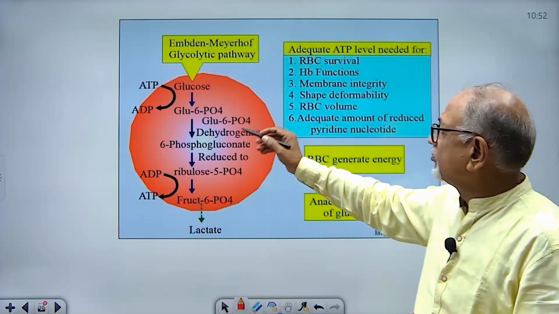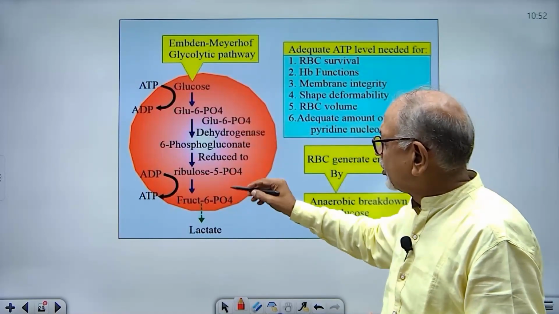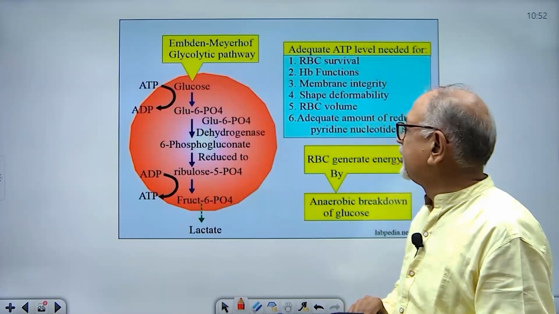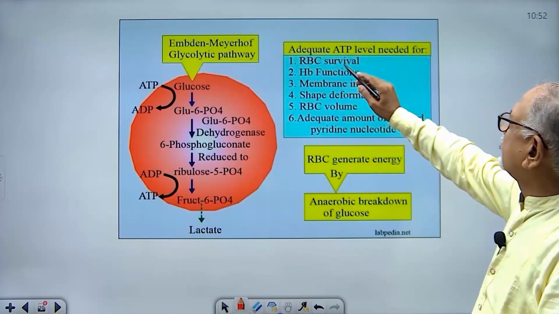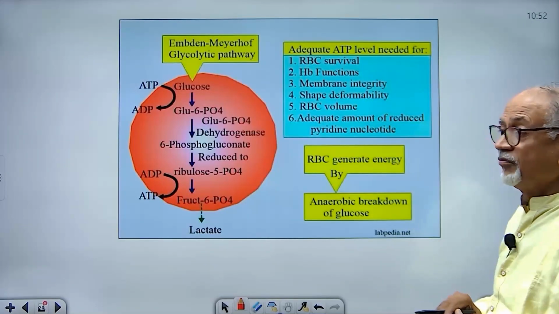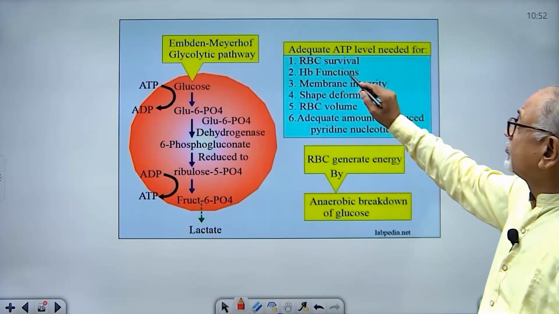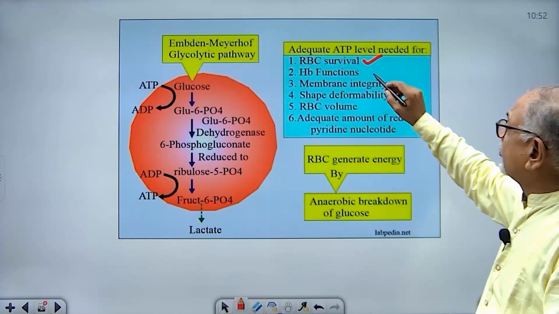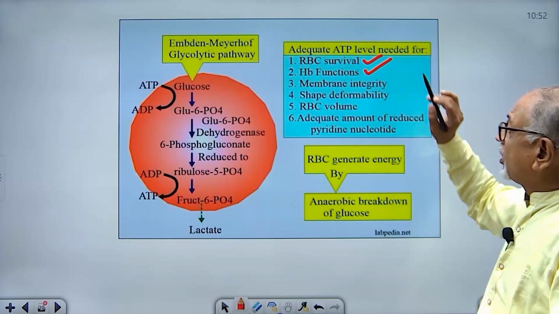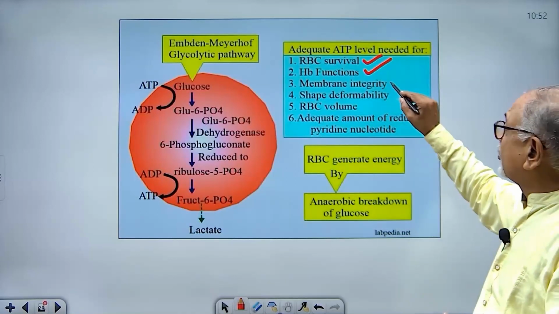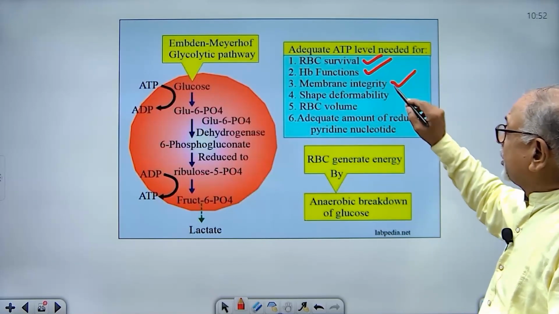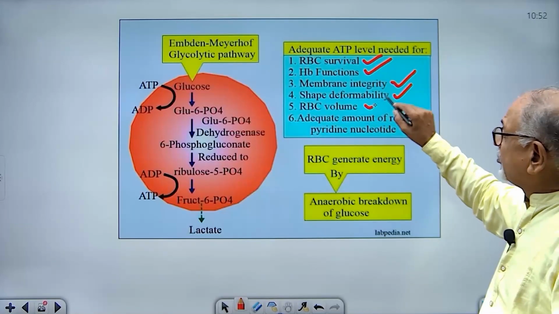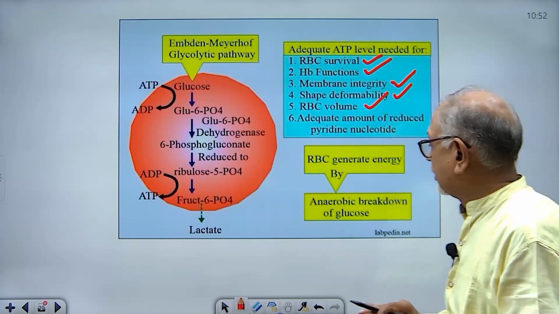So here you can see the glucose is converted into lactate and the ADP is converted into ATP. This adequate ATP level is needed for what? It is needed for survival of RBC. It is needed for hemoglobin functions. It is needed for the membrane integrity, shape, RBC volume, and so on.